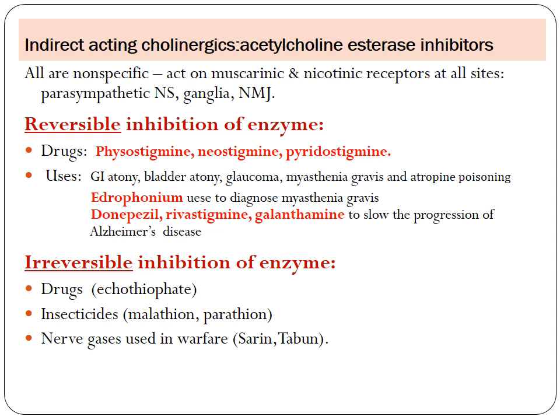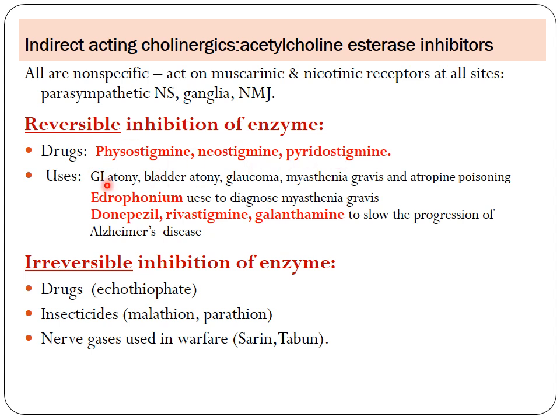The inhibition of choline esterase enzyme could be reversible or irreversible. In the reversible inhibitors of the enzyme, we have physostigmine, neostigmine, pyridostigmine. Physostigmine is lipid soluble, while neostigmine and pyridostigmine are polar or water soluble.